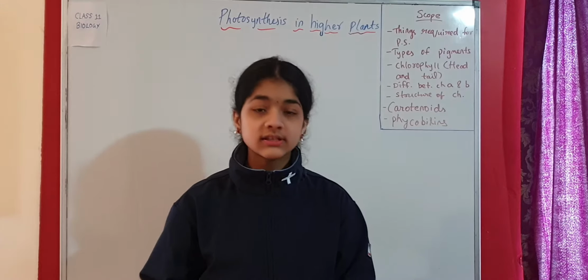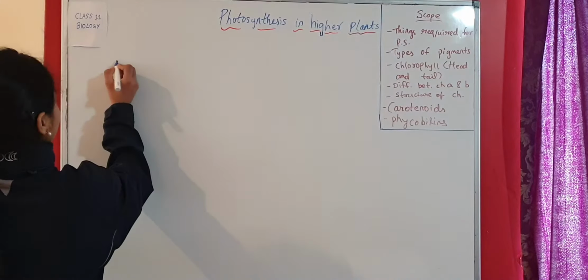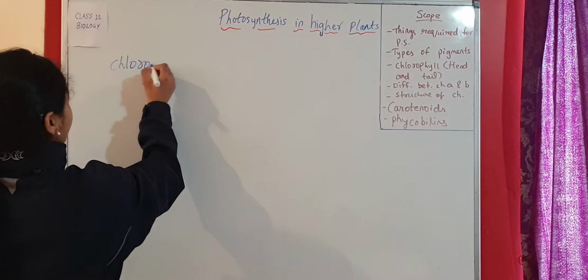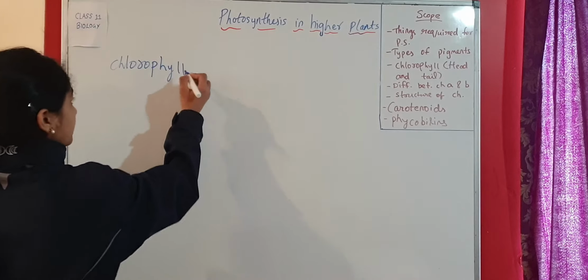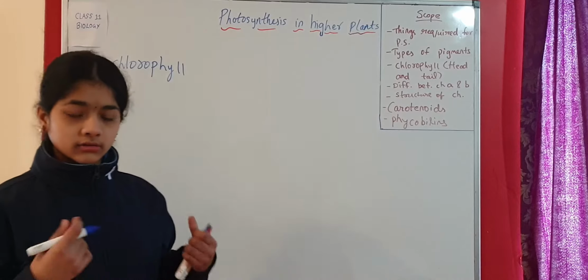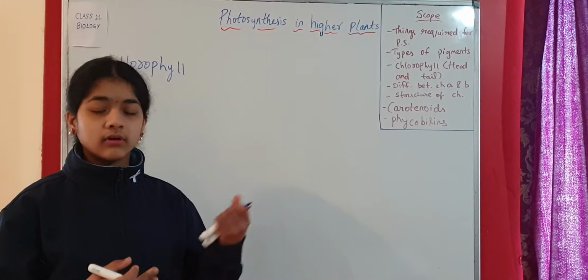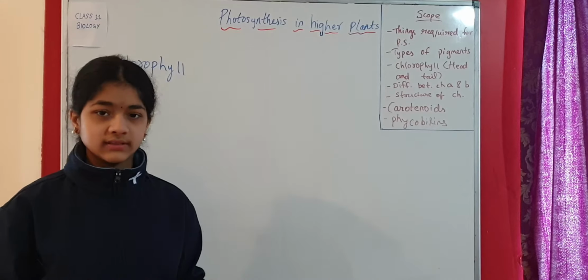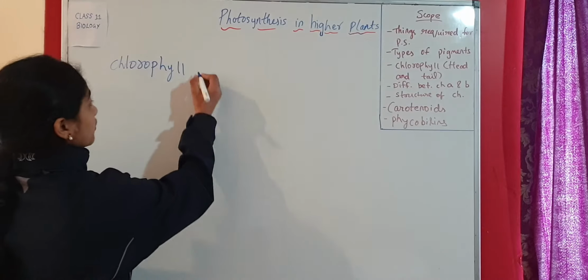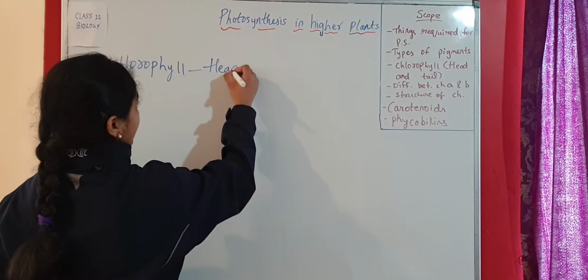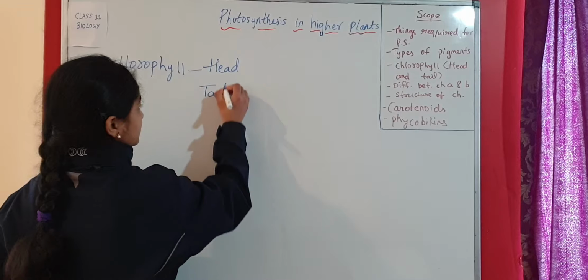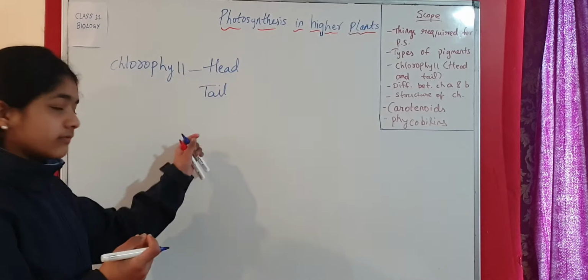Coming to the characteristics of chlorophyll. In general, if we talk about chlorophyll A, chlorophyll B, everything, chlorophyll has one head and one tail.